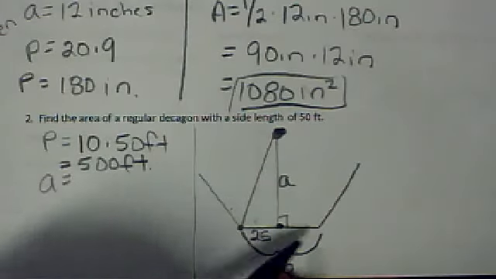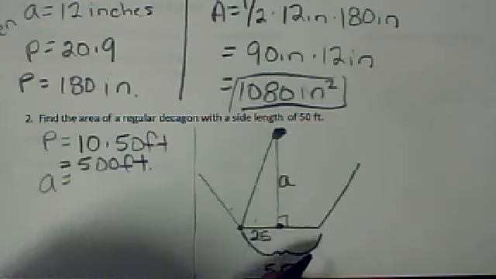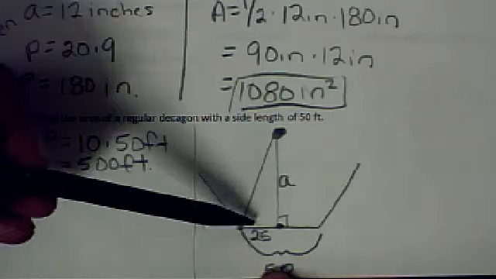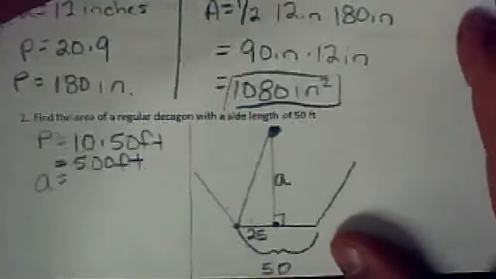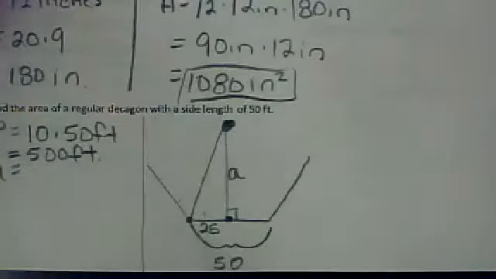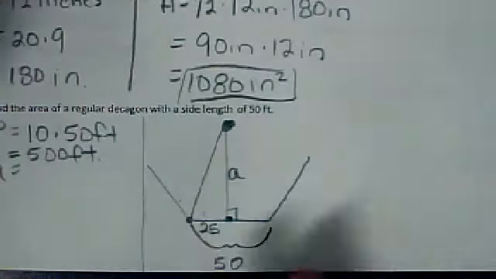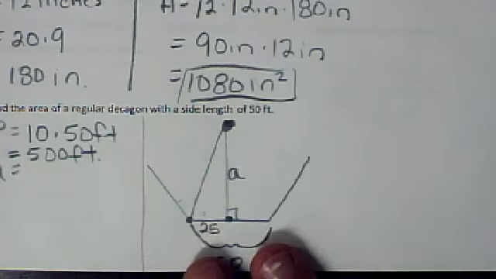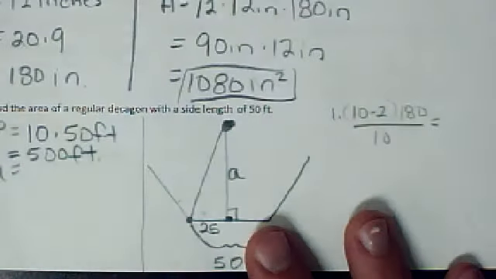So let's figure out what this angle measurement is going to be in full, and then cut that value in half to solve for that angle measurement that I need for my right triangle. Alright, so I'm going to use my n minus 2 times 180. Again, I have 10 sides because I have a decagon. So step 1 is doing 10 minus 2, times 180 divided by 10.